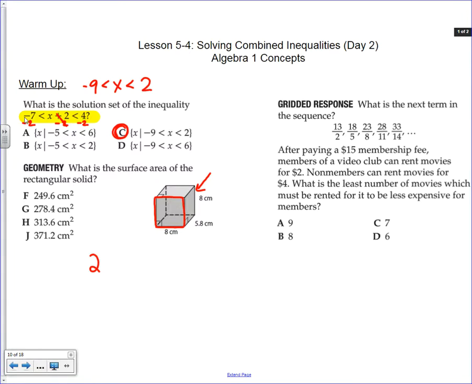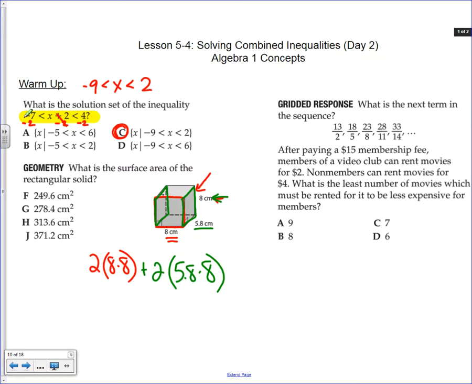Okay, so to find the area of a square or rectangle, you do length times width. If you're looking at that front square, that is 8 centimeters wide by 8 centimeters tall. So that would be 8 times 8. That takes care of the front and the back. Let's look at the side. Again, that side would be the same as that side, so there will be 2 of them, and that is 5.8 wide by 8 tall, so length times width.